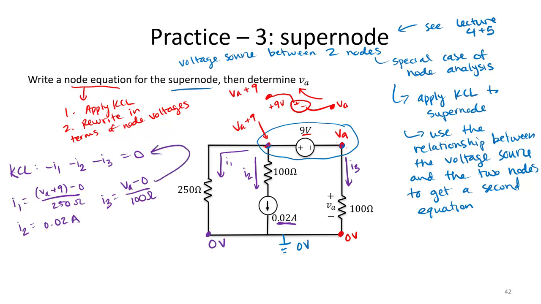If I substitute these back into Kirchhoff's current law, I get my node equation for that supernode. Again, be careful of negative signs here. We get negative VA plus 9 over 250, minus 0.02, minus VA over 100, equals 0.